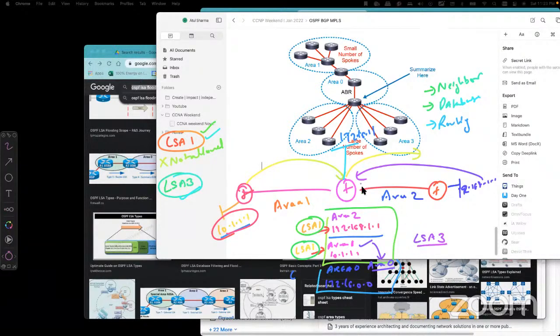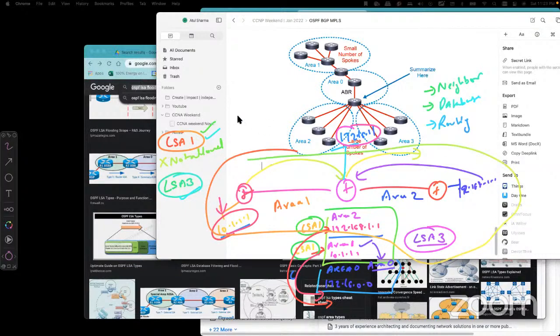When we put area 0, only then the router understands I want to transfer the LSA 3. Once this LSA 3 is generated, this information 10.1.1.1 will go into area 0, and this 20 will also go into area 0. Are you getting it now?